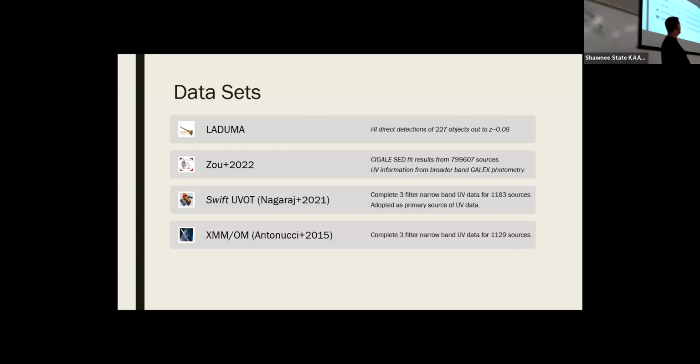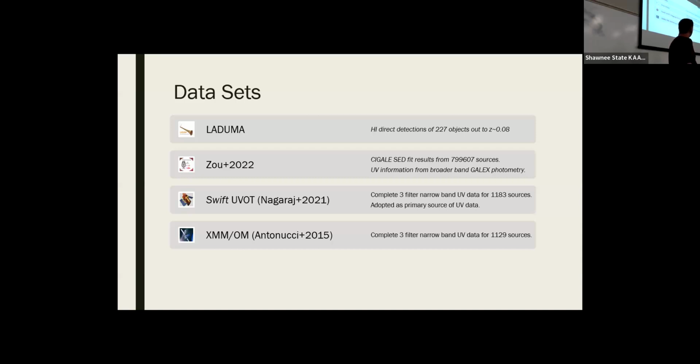One thing in particular with Zoo is that it used CIGALE, and for anybody who has done SED fitting with codes, one of the complaints about CIGALE is the star formation history: you're locked into that tau model and can't really model other options in there.